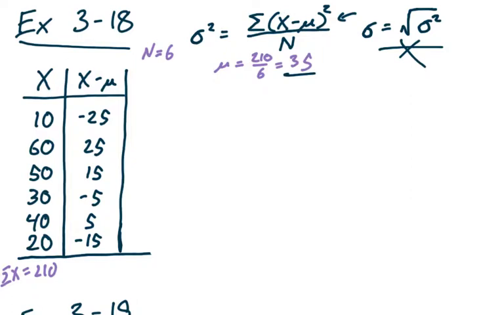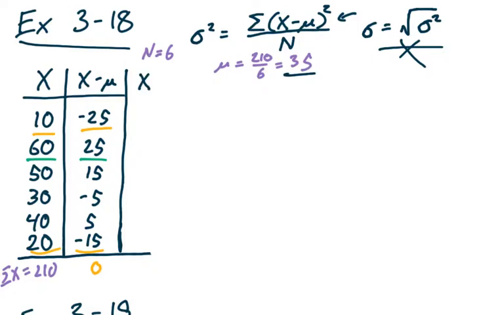And notice these values like 10 and 20 that are below average, when we take their difference, those are negative numbers. Similarly, for ones that are above average, those differences are positive. And so if we did something silly and we just added all of this column up, all of the negatives and all of the positives are going to balance each other out.